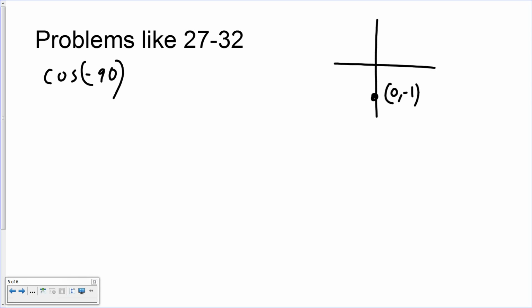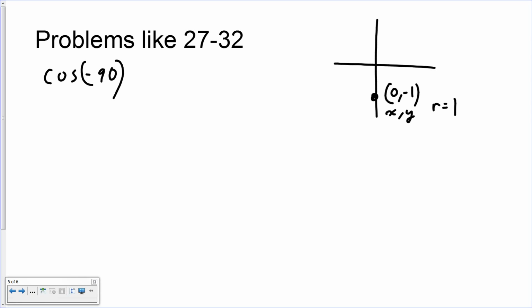You have your x, you have your y, and then you have your r, which is 1. The problem that we had at the beginning of class is what's the cosine of 90. Now we can solve this problem. Even though this is negative 90, it's the same idea. I get my x, my y, my r.